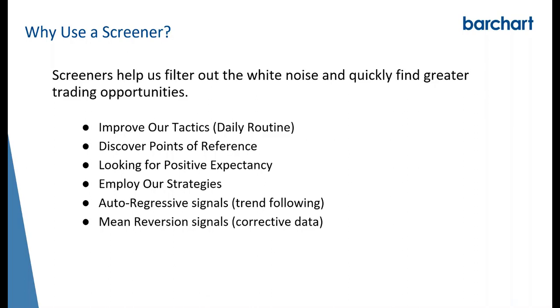All right. So yeah, just basic points of reference will help us narrow down the field of stocks that we're going to look at. We're going to look for things called positive expectancies.